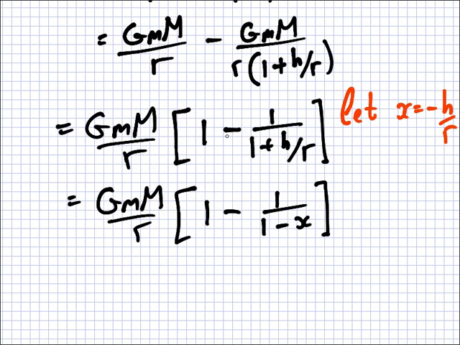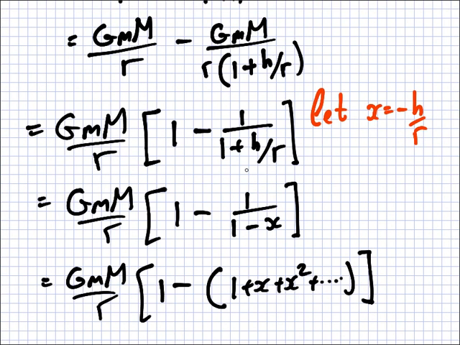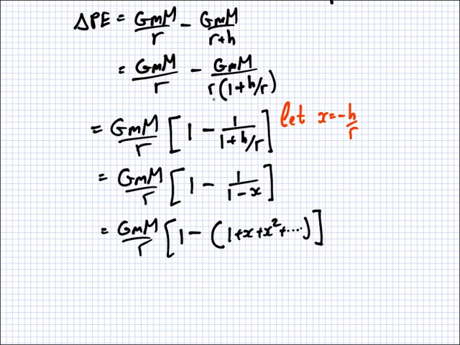Back here, I'm going to change this into GMm over R, 1 minus bracket 1 plus x plus x squared, etc., close bracket. Now, can I continue?